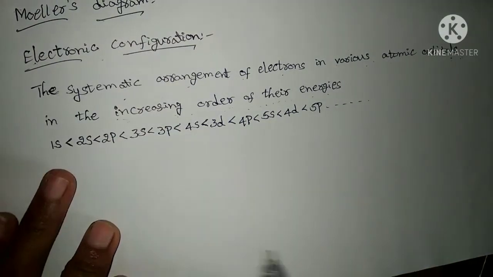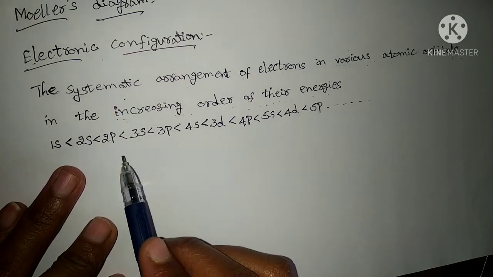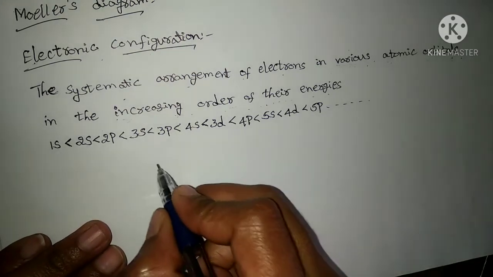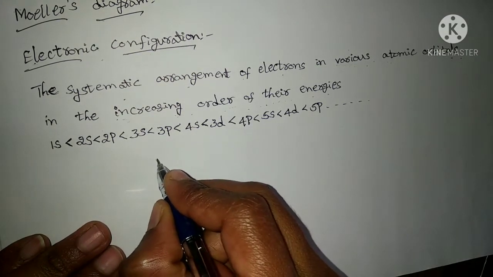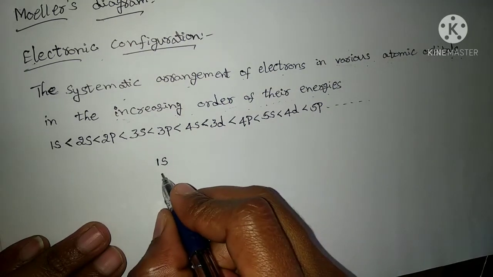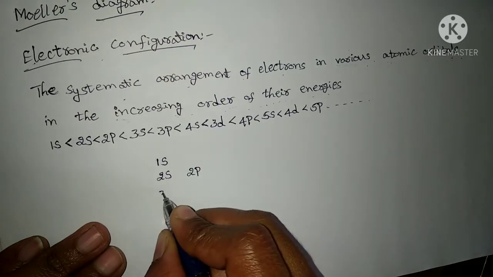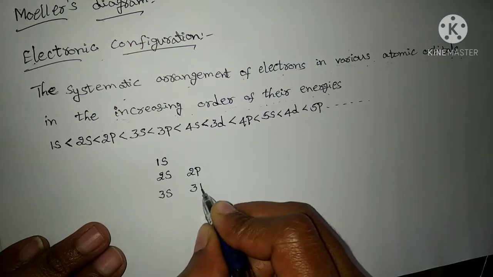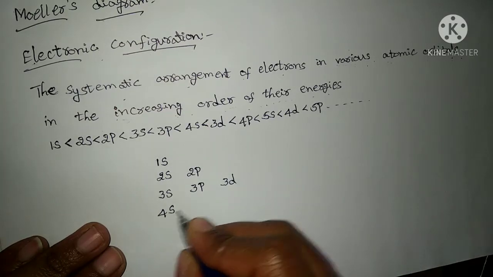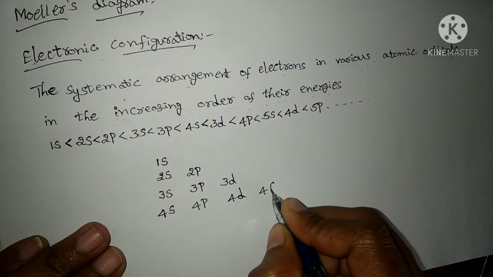In the previous video, we discussed the shells and which subshells are present in them. What are the subshells in the first shell? 1s. In the second shell, 2s and 2p. In the third shell, 3s, 3p, 3d. In the fourth shell, 4s, 4p, 4d, 4f.